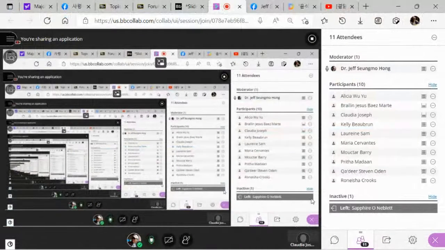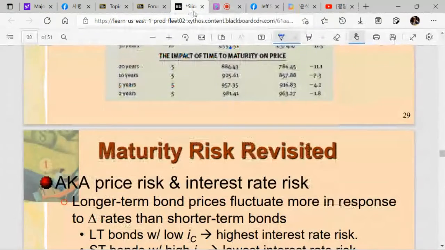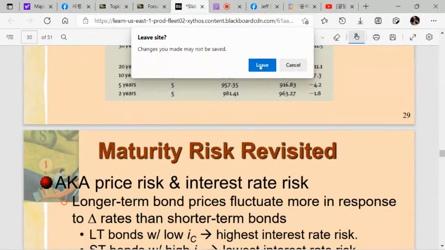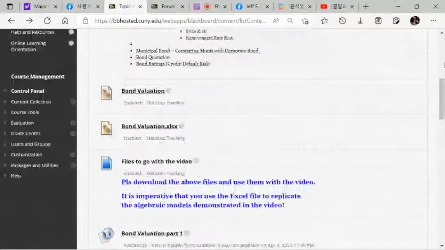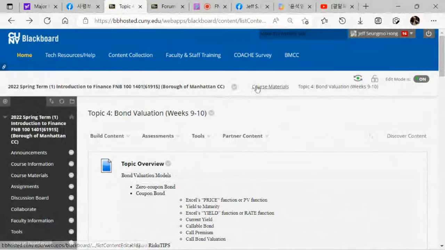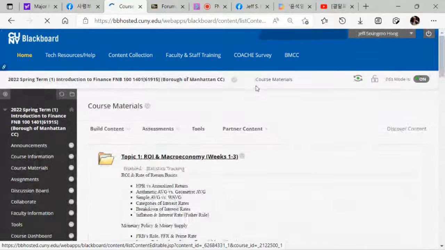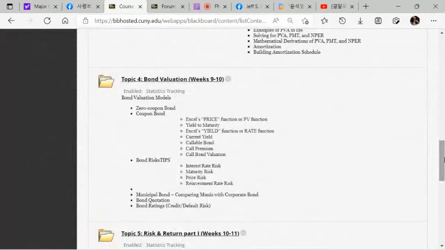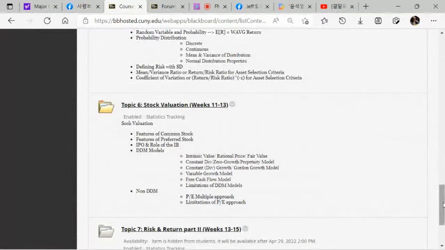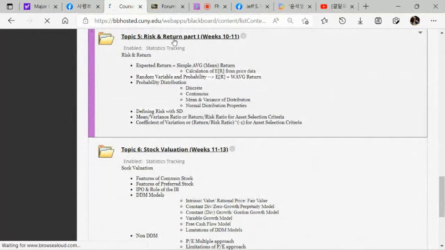All right, we're back. So now we're moving on to the new topic, risk and return. So risk and return, right?